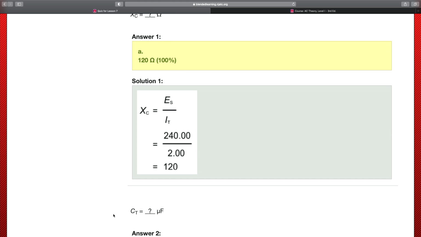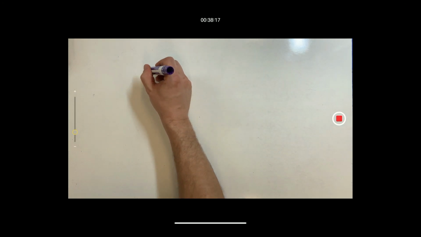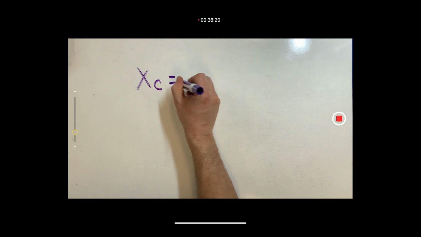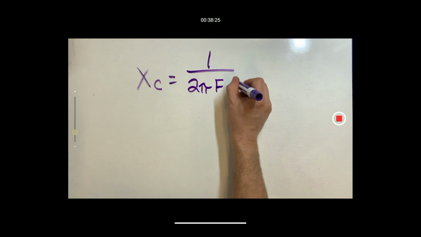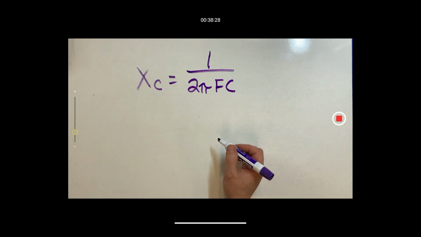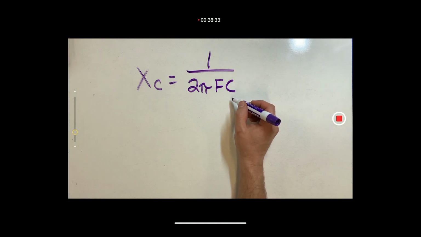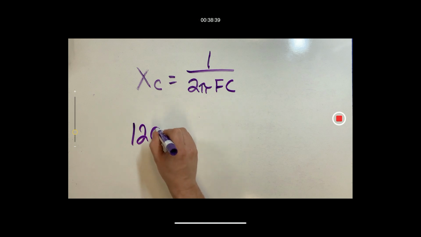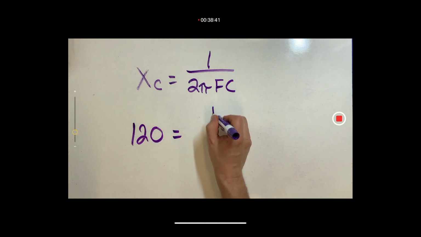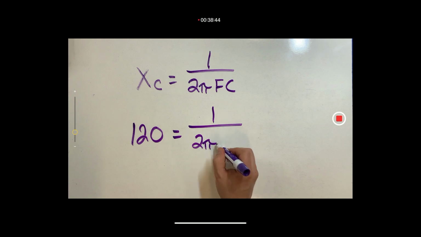Now, this is very similar to a question in a video that I covered with inductive reactance, but if we go to the whiteboard, we have to remember that capacitive reactance is equal to 1 over 2 pi FC. Now, we've already found out that the capacitive reactance is equal to 120 ohms, and this doesn't change.